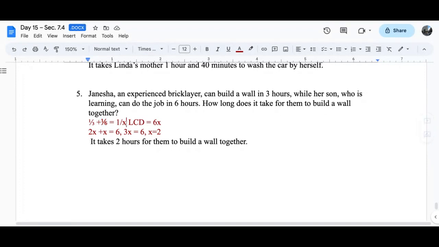And building the wall together, we call 1/t. The speed is 1/t, so it takes them t hours to build together. And figure out the least common denominator, so that's 6t. So we multiply 6t on both sides, get 2t plus 1t equals 6, that's 3t equals 6, so t equals 2.